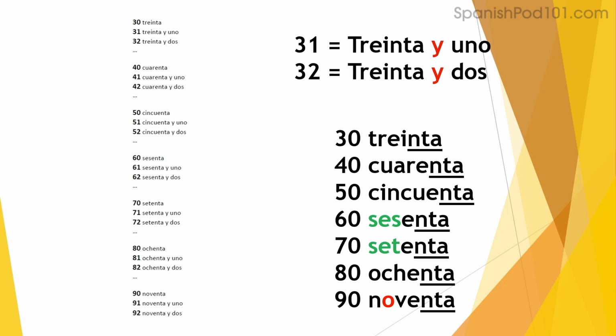So 31 in Spanish is 30 and 1, 32 is 30 and 2, and so on. The same thing happens with the rest of the numbers. So 41 is 40 and 1, 42 is 40 and 2, etc. So es bastante fácil. So it's fairly simple, we can say.